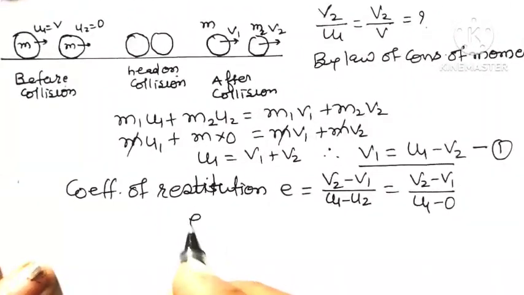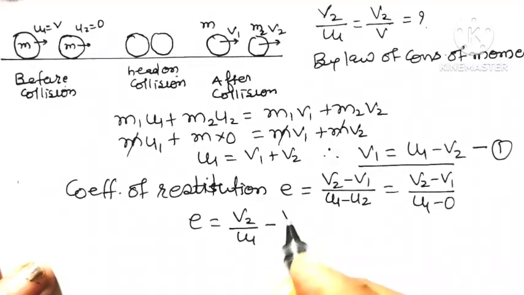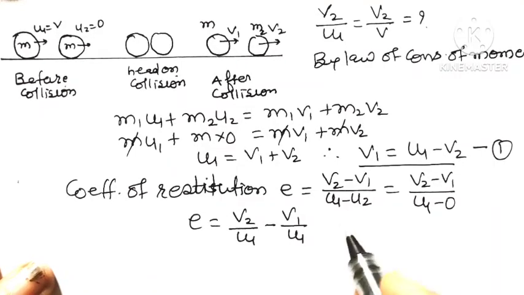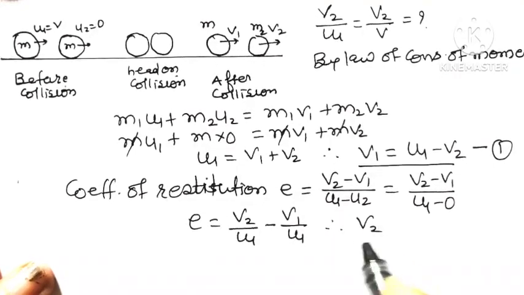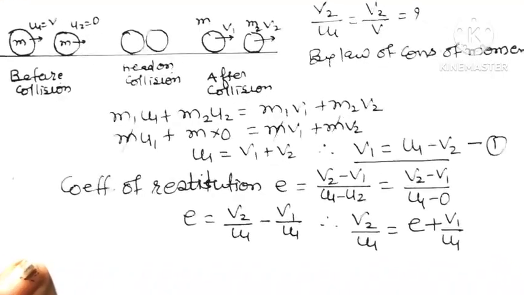So E is equal to v2 divided by u1 minus v1 divided by u1, or v2 divided by u1 is equal to E plus v1 divided by u1, as the negative term becomes positive.